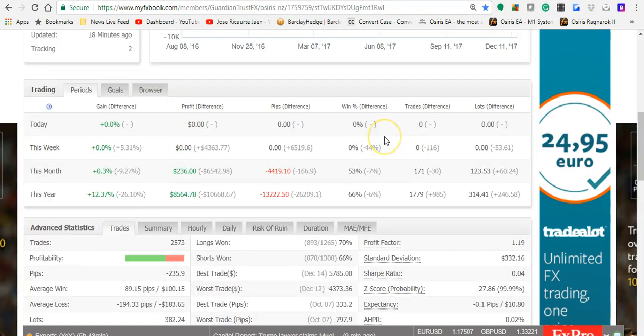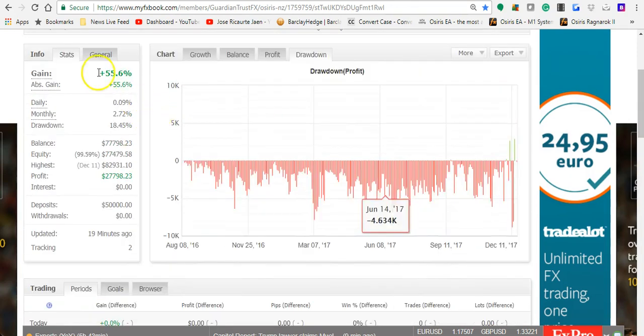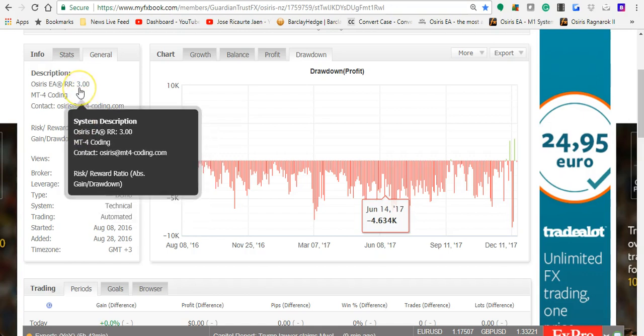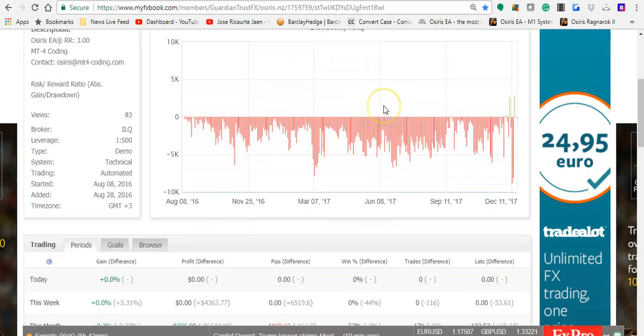Now, we take this average number, 55.6, and divide it by the drawdown, 18.45%. The risk reward is 3. So over the period of 17 months, the data is telling us that for every dollar we risked, we were in position to make 3 back. And that's very important.